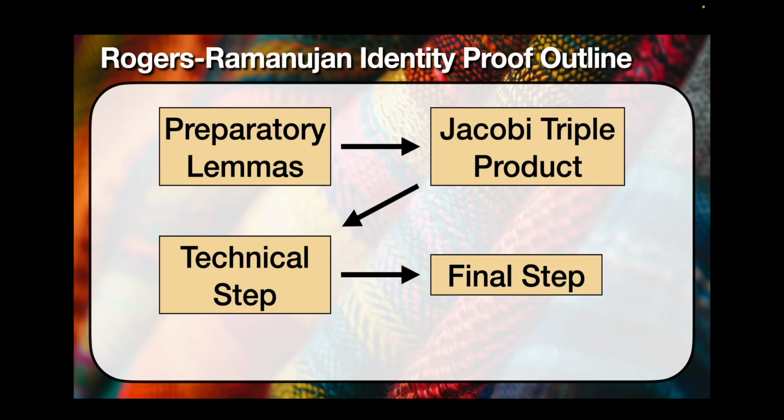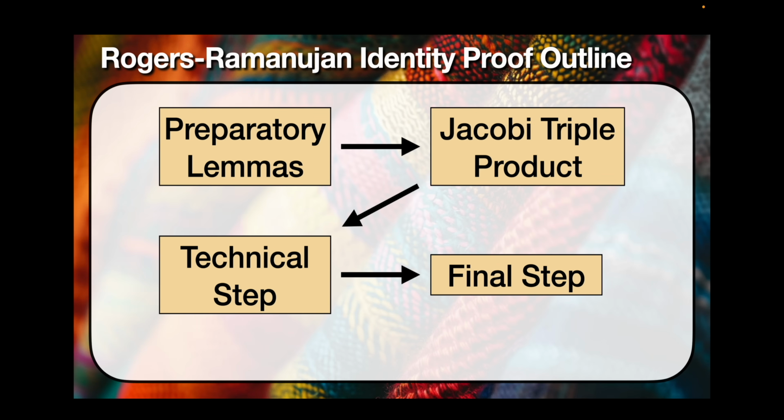We've got a bit of a slog for a complete proof of the Rogers-Ramanujan identity, so I thought we'd start with an outline. So the first thing that we're going to do is look at 2 preparatory lemmas, and these lemmas are due to Euler. Then we'll use these lemmas to prove something called the Jacobi triple product identity. Then we'll use the Jacobi triple product identity to prove a pretty technical step.